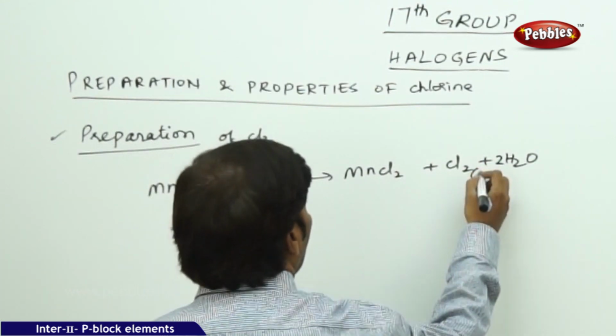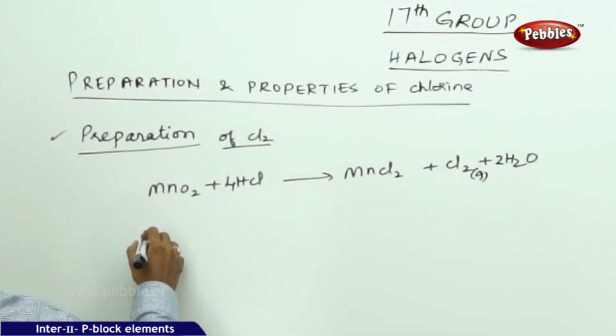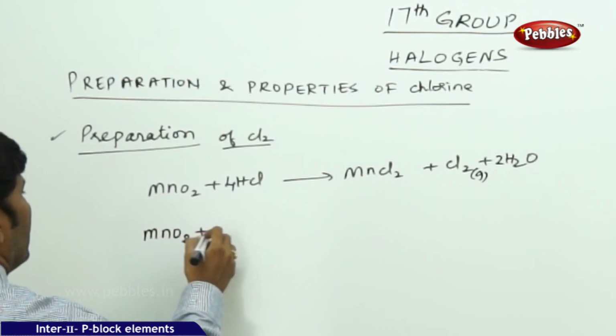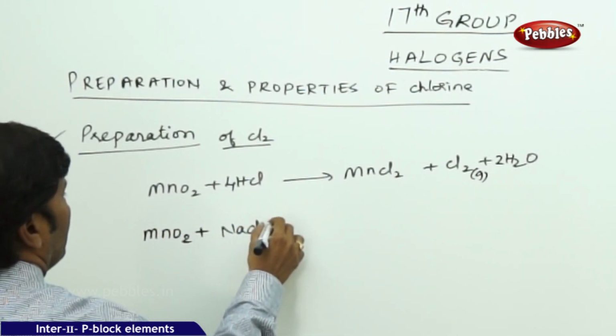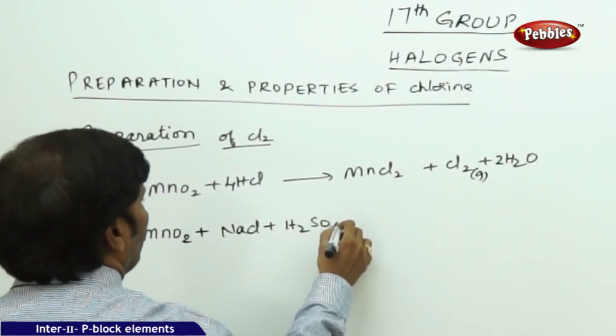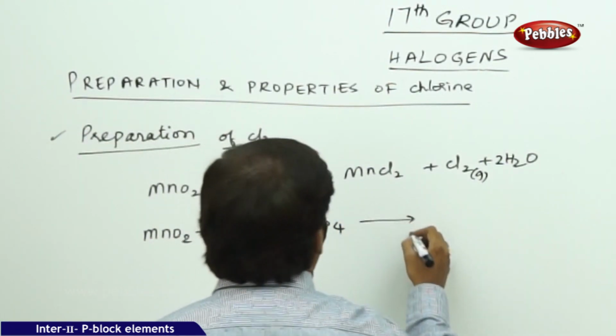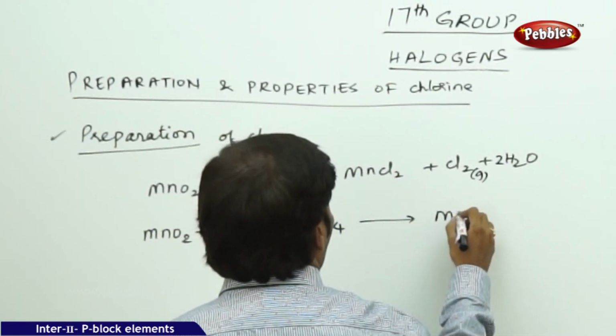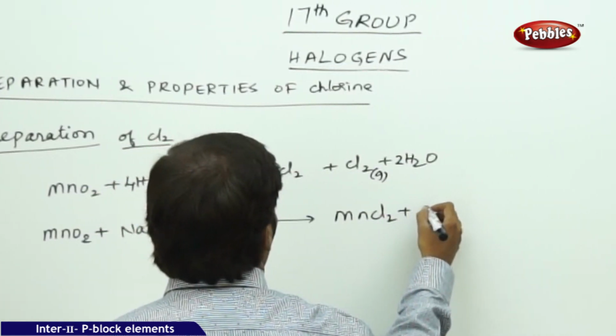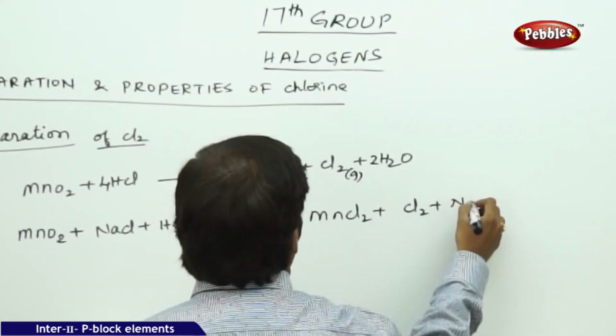We got a chlorine gas here. And also manganese dioxide when treated with NaCl in the presence of H2SO4, we can prepare it. Of course, you are going to get manganese chloride plus chlorine plus sodium bisulfate.